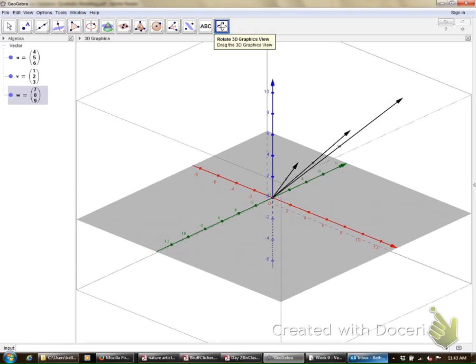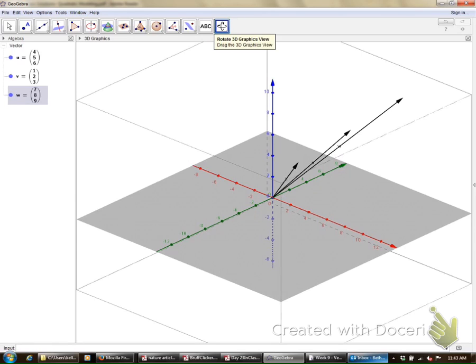I said in class that subspaces, and the span is a very important subspace, can be the zero vector, they can be a line, they can be a plane, or they can be all of R3. So we should expect this one to be a plane, which means that it's not all of R3.